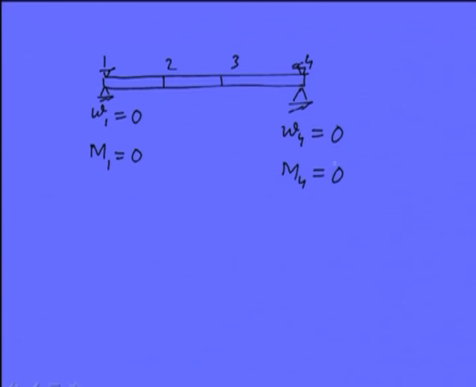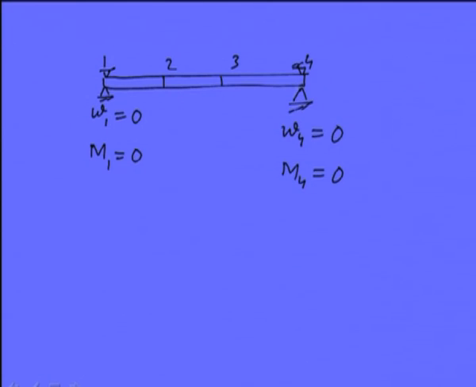This was node 1, 2, 3 and 4. Because this is a simply supported end, displacement here is 0, and bending moment is 0. Here this is also simply supported, so W4 displacement is 0, and bending moment is also 0.